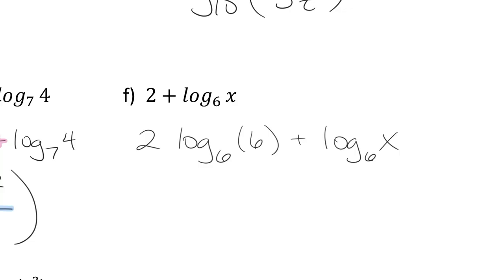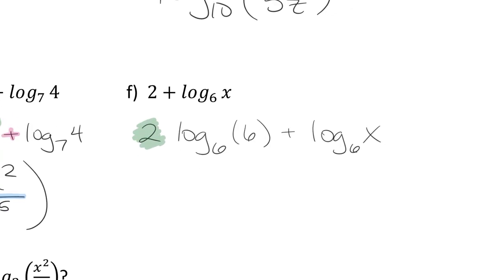So I've multiplied this first term, the 2, by 1, as if I'm finding a common denominator. Log base 6 of 6 is 1. But now, do you notice that the first term and the second term have the same logarithm base? Now we can do some manipulations. First things first, I do my green step first, and I notice that this logarithm has a number in front of it.